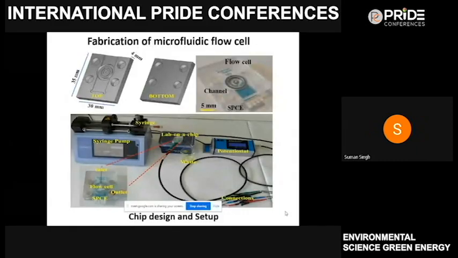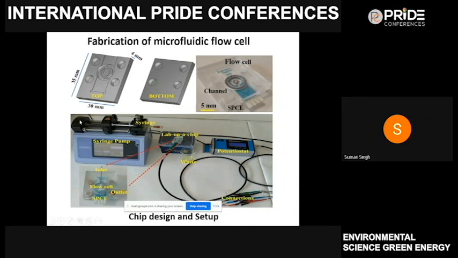So we used this material for ferritin detection using a microfluidic setup. This is the work which we did with Hull University, and all these microfluidic flow devices were made there. One of my students visited this university for his PhD fellowship.